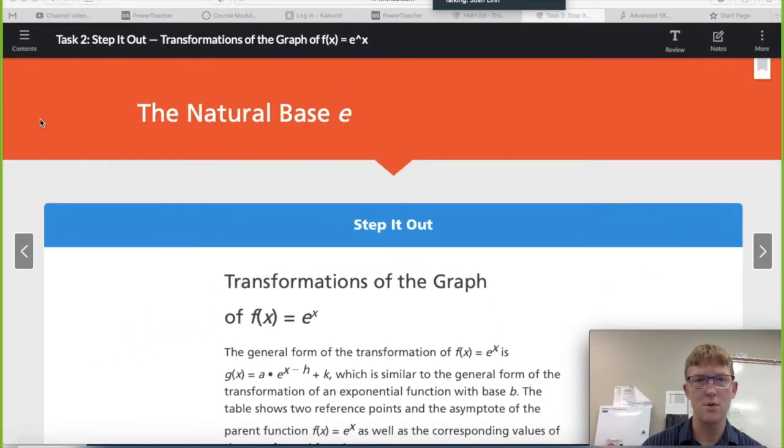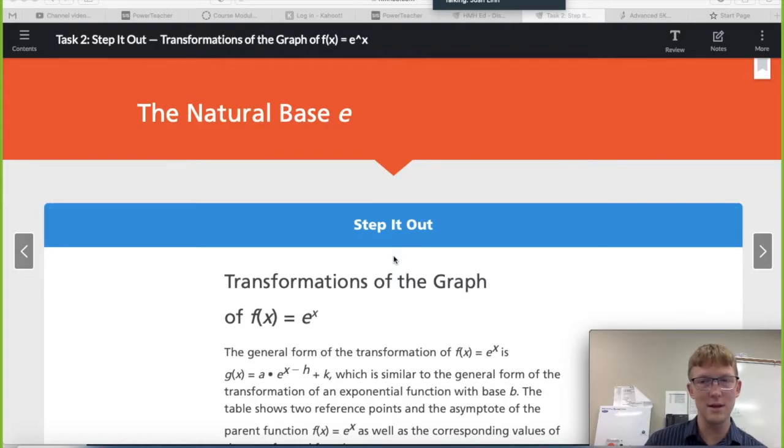And just like our exponential growth and decay functions, we can transform these graphs by moving them up or down, left to right, or right to left, by using the similar methods that we used in the last lesson. So this is going to be a lot of the same over again.